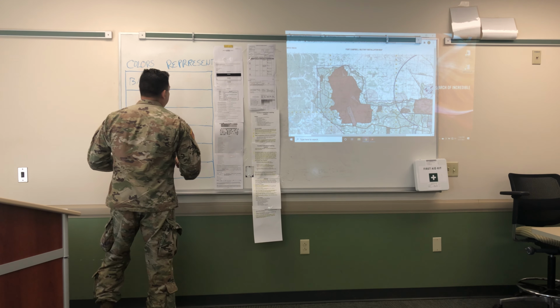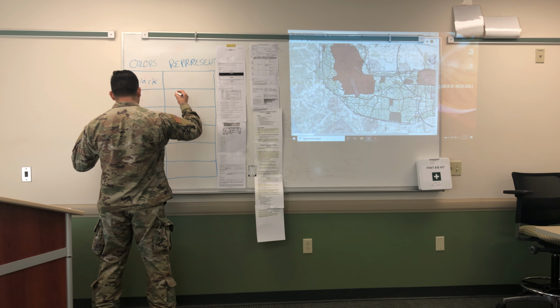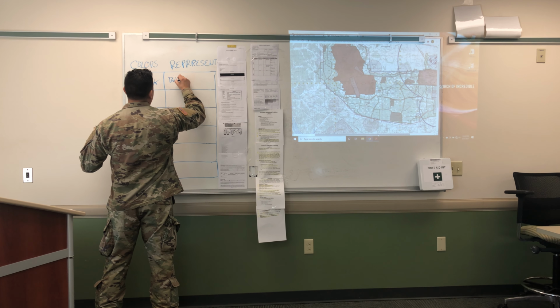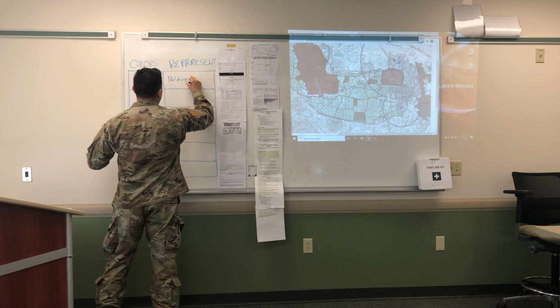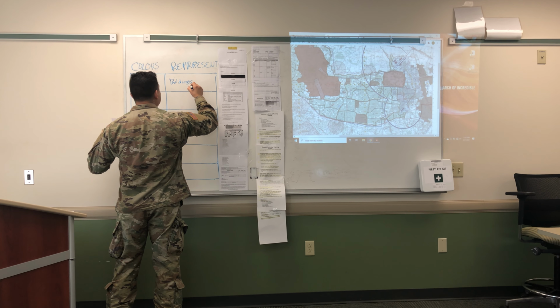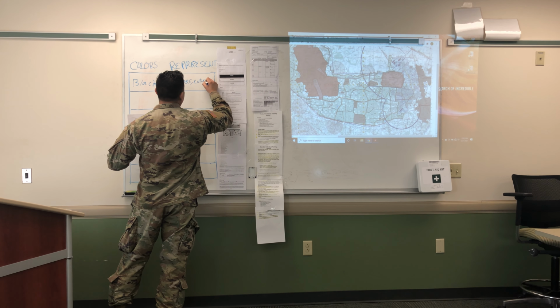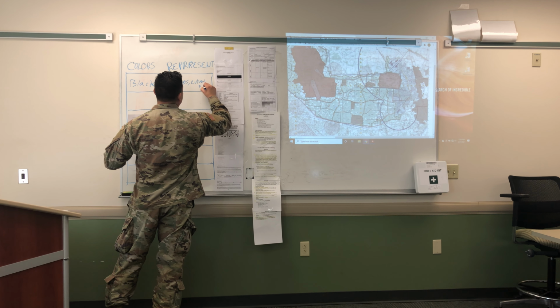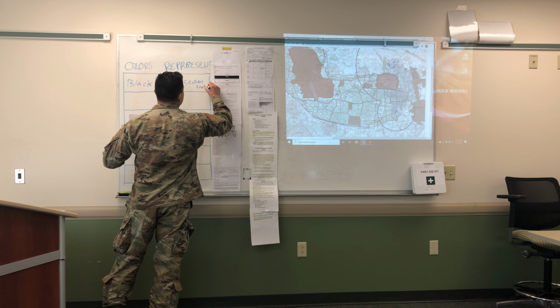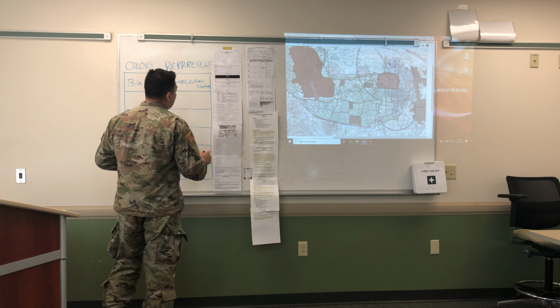So what does black represent? Black represents features such as buildings, it also represents cultural features. And the next color is blue.